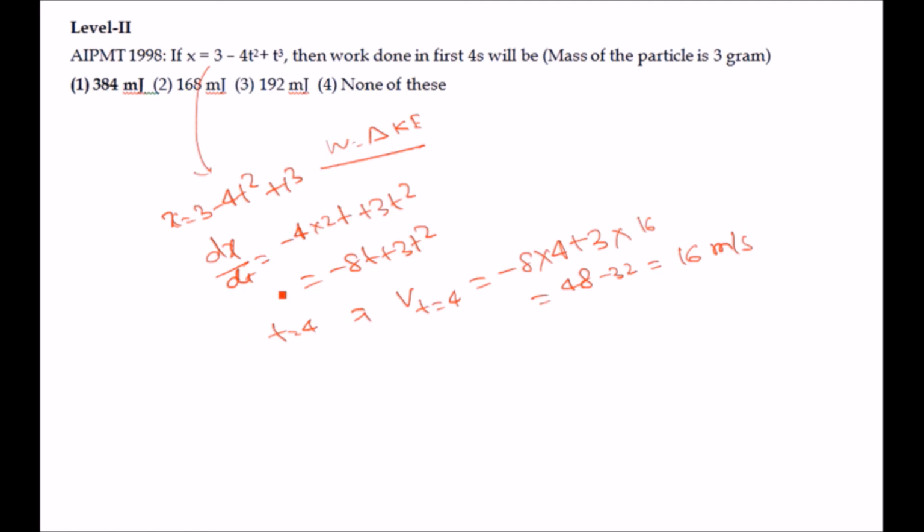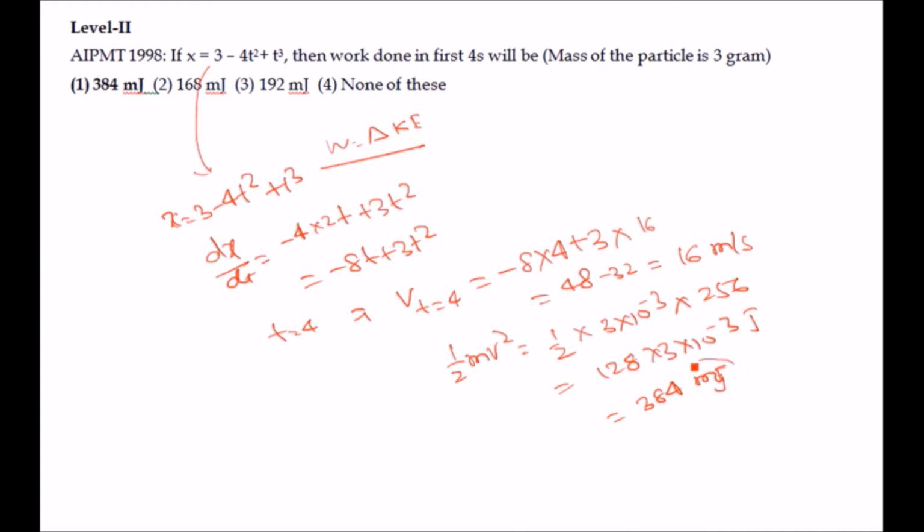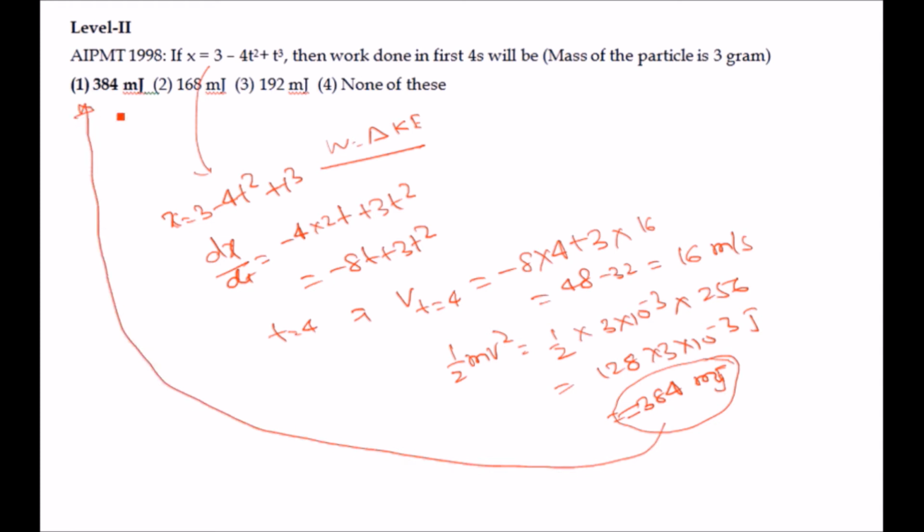The mass of the particle is given, so the final kinetic energy is half m v square, with v square equal to 256, and the value comes to 128 into 3 into 10 to the power minus 13 joule, which is equal to 384 millijoule. So this is the change in kinetic energy, which is equal to 384 millijoule. So the work done will be equal to 384 millijoule, and the answer will be the first option.